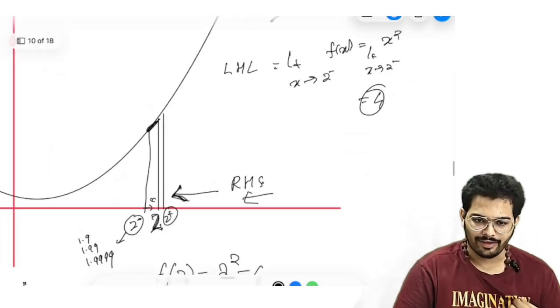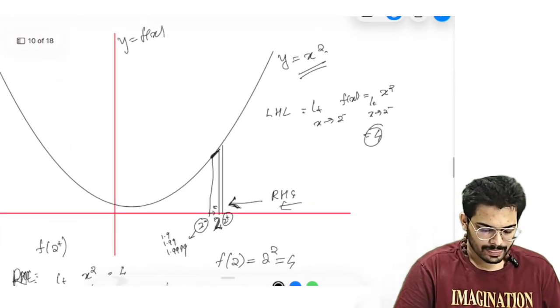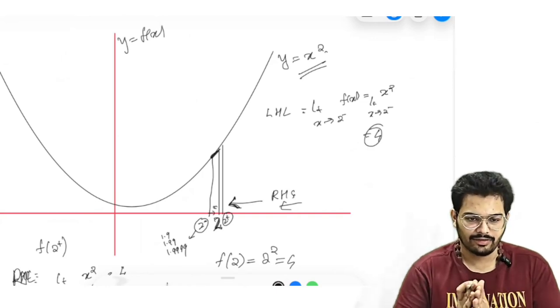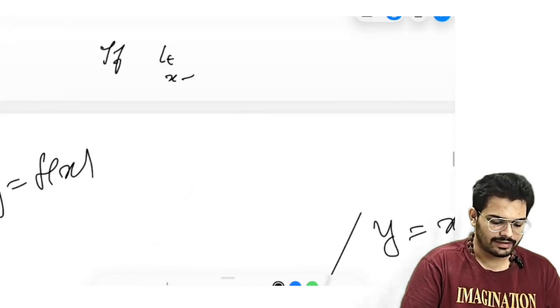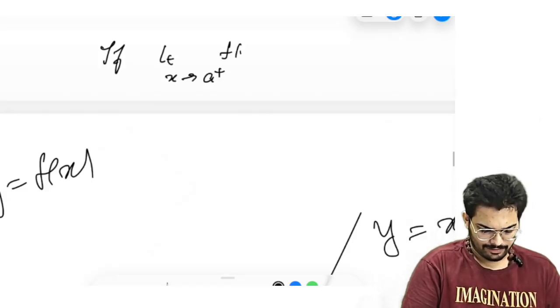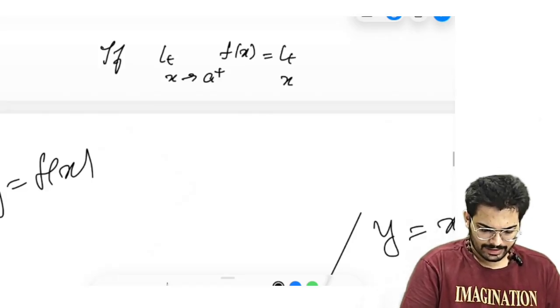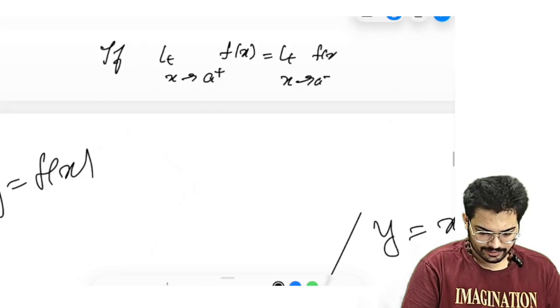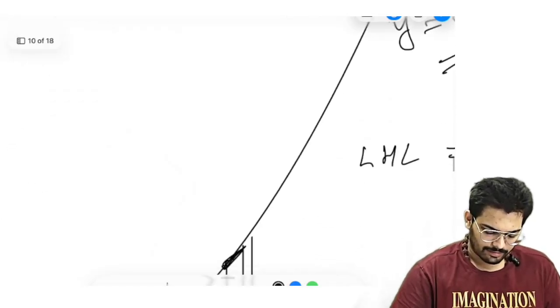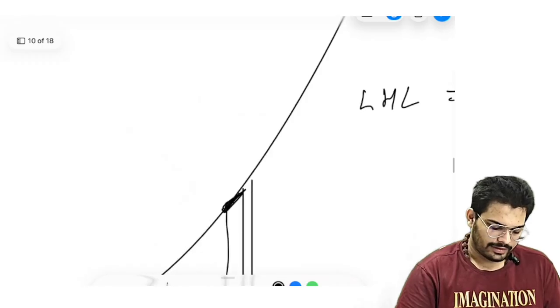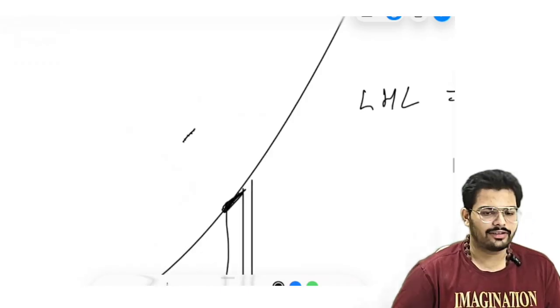That's the significance of having limit: if limit x tends to a plus f of x equals limit x tends to a minus f of x, which is equal to f of a, then these 3 points coincide. When points coincide together, we will have a continuous graph.